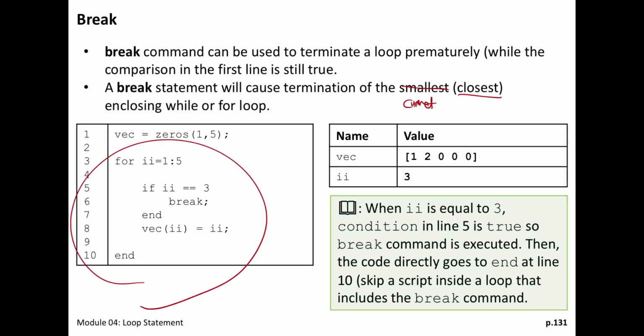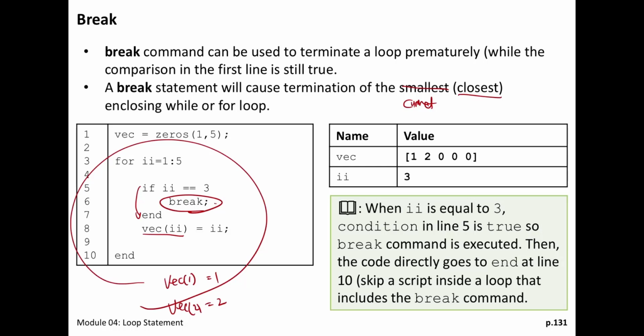When ii is not equal to 3, this one is skipped, right? So vector 1 is equal to 1, vector 2 is equal to 2, ii is equal to 3, and then the break command is executed. So what happened?